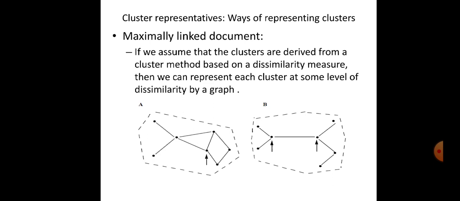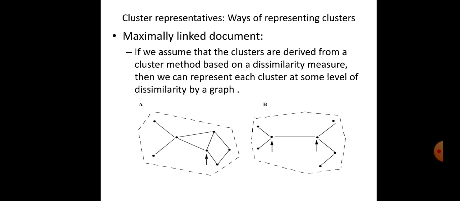So here we assume that clusters are derived from a cluster method based on a dissimilarity measure. Then we can represent each cluster at some level of dissimilarity by a graph. Here, as we already discussed, these dots are documents and lines are the relationships among different documents.